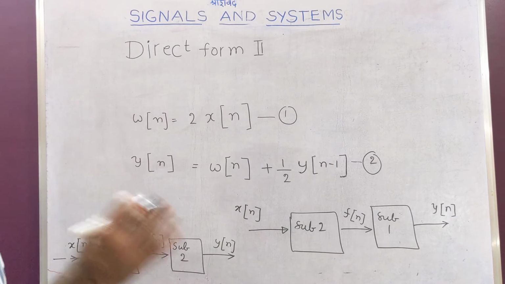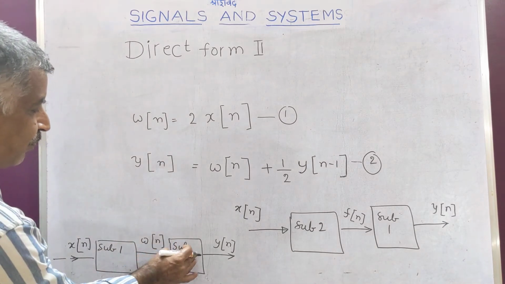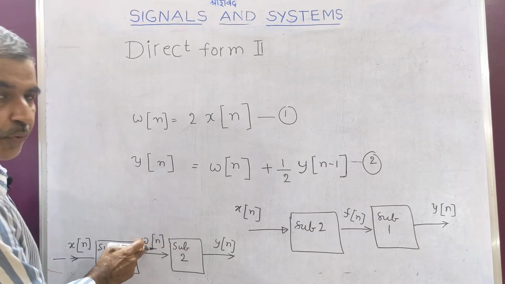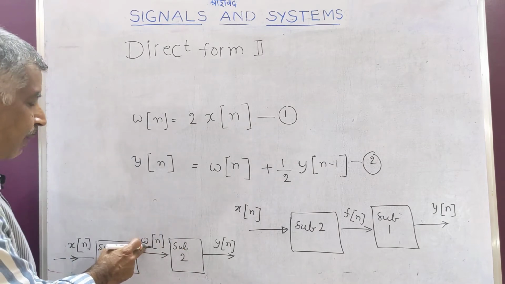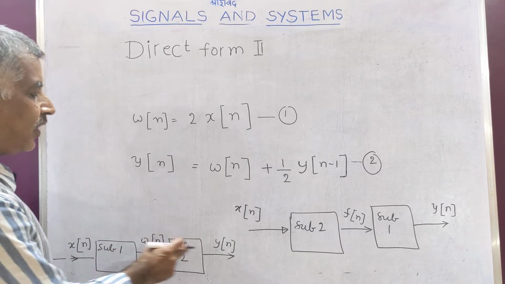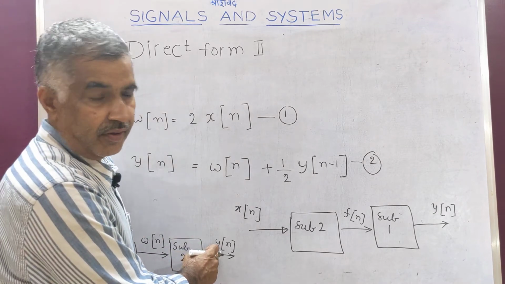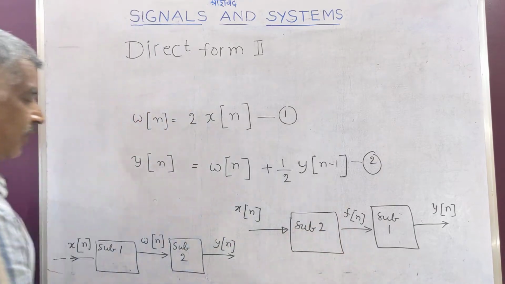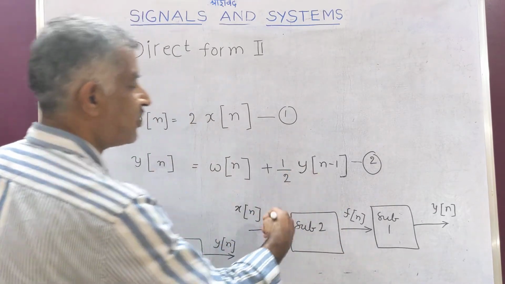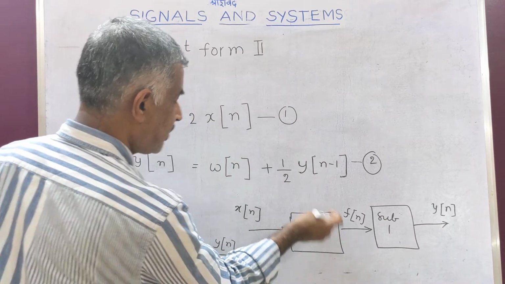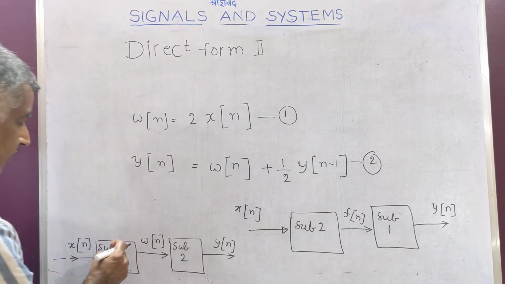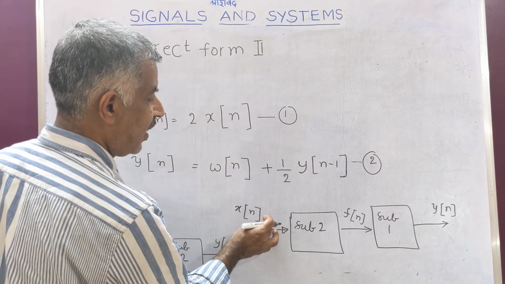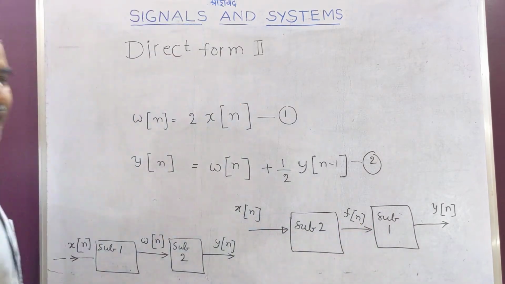Now first you look into subsystem 2. Earlier subsystem 2 was here. What was the input? The input was w of n and the output was y of n. Now subsystem 2 has occupied this position, and it is now receiving x of n and producing f of n.